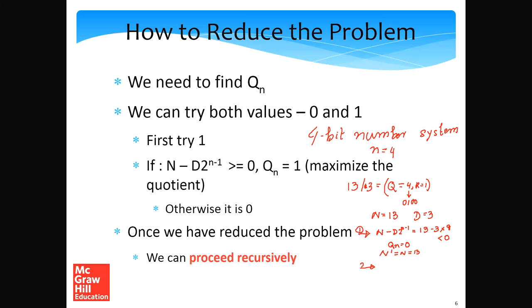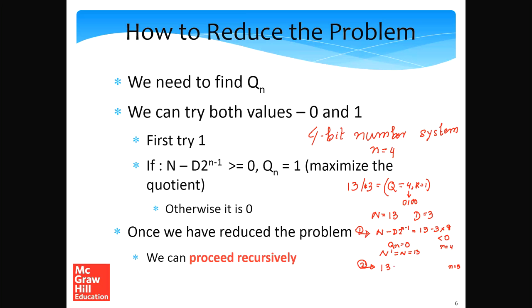Fine. After that, let us go to the next iteration. In this case, n was 4. Now n will become equal to 3 because we are moving to a smaller number system. So it's the next iteration pretty much.